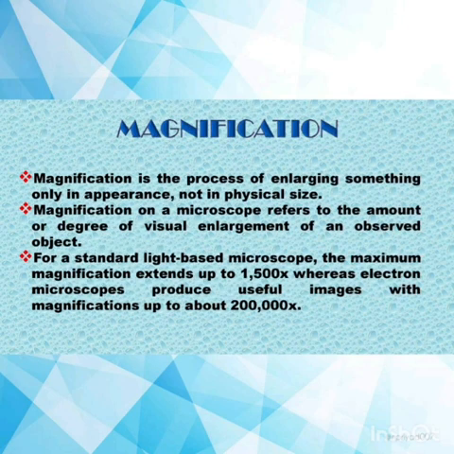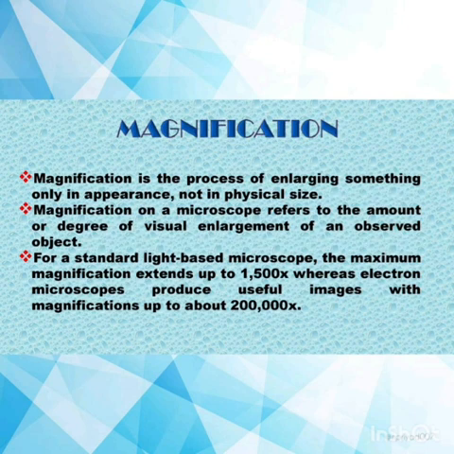So first, magnification. Magnification of a microscope refers to the amount or degree of visual enlargement of an observed object. Magnification is measured by multiples such as 2x, 4x, 10x, indicating that the object is enlarged to twice, 4 times, or 10 times as big respectively.